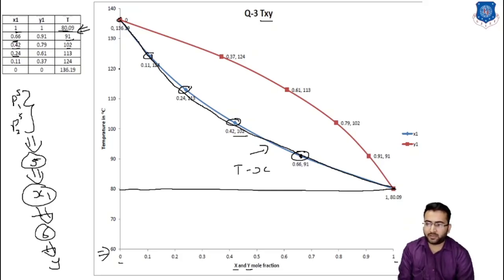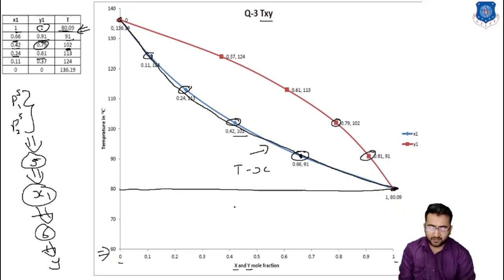Okay. Now we have to draw the Ty curve. For the Ty curve, again take the value of y1, which is 1. It becomes the same point, because at 1 the temperature value is 80.09, which is the same as for x1. Then y1 at 0.91, we will get this type of point. For y of 0.79, we will get this type of point at temperature 102.